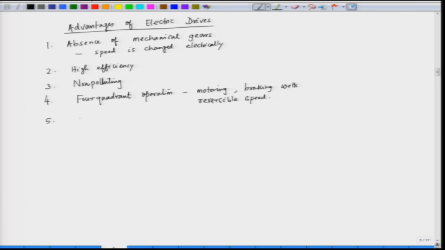Now, we have wide range of torque, speed and power. So, when we talk about electric drives, we can have a very wide range of power application.